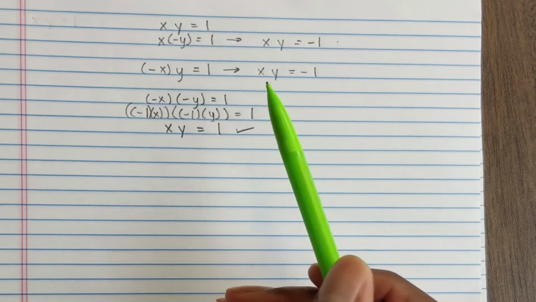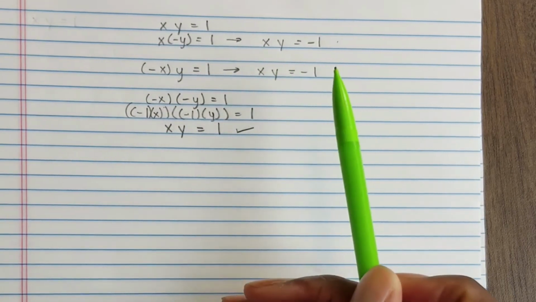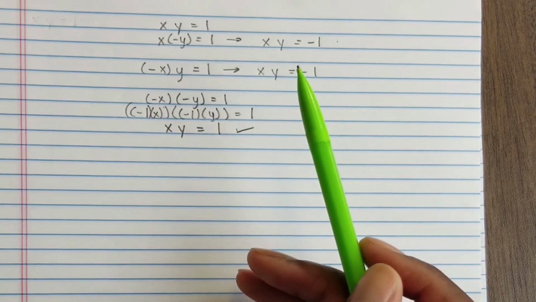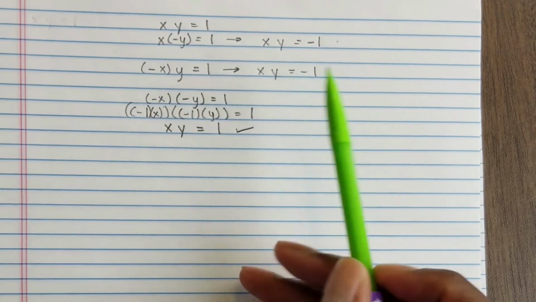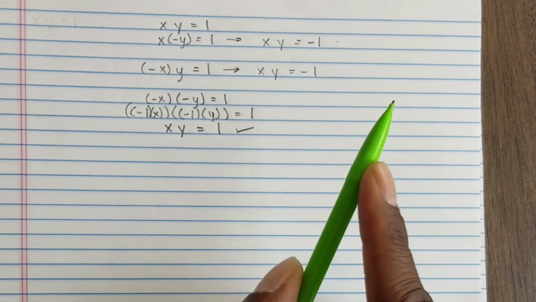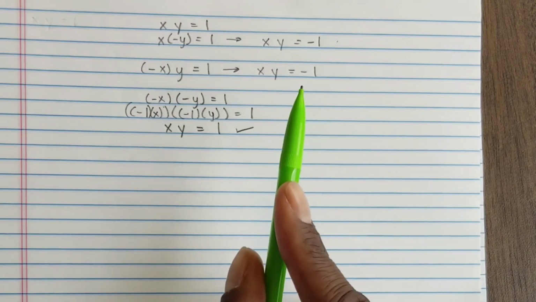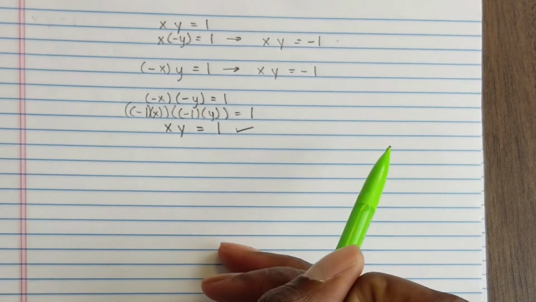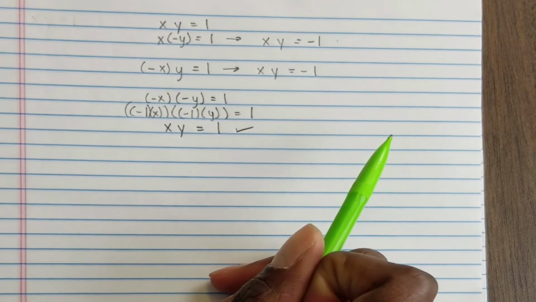But it's only symmetric if, when you replace the x and y components with negative x or negative y or whatever variable you have, you get the same equation back as the original equation. Then you know that it's symmetric around either the x-axis, the y-axis, or the origin.